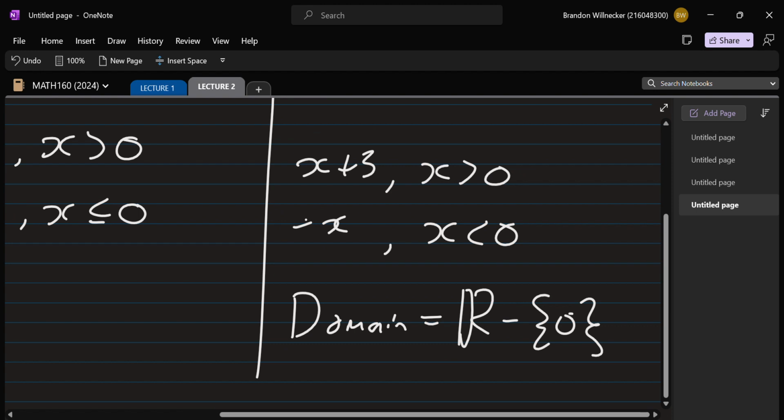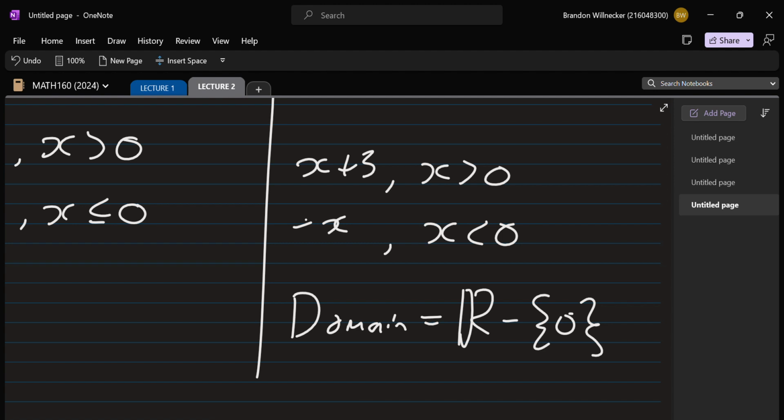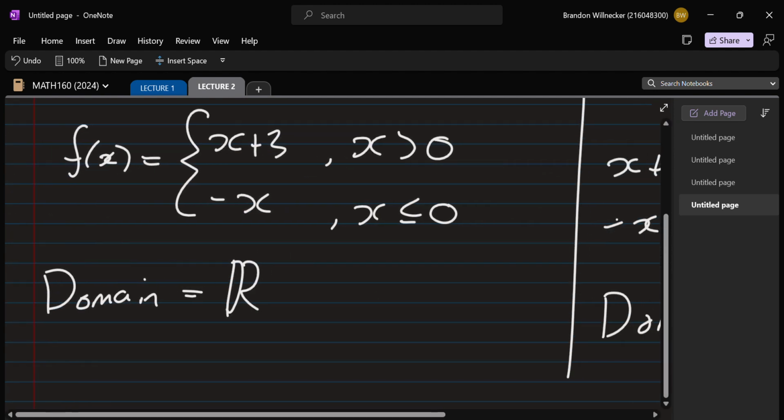You don't know what might come up in the test. Okay, so I could give you the domain written like that, or I could give you the domain as the union of two intervals, or I could give you the domain as a set comprehension. You need to understand what those mean. Okay, but that's just on the side. Here we are including 0, so we have everything there.